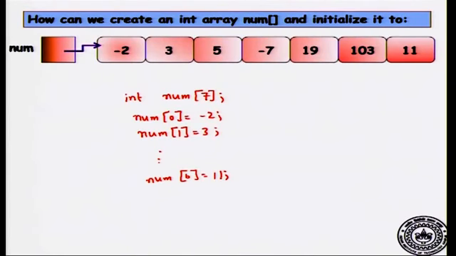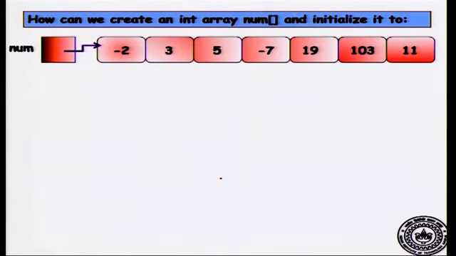So, here is a way that I can create an array and ensure that this state is reached. But is there a more convenient way of doing it? Can I start off the array with these contents?